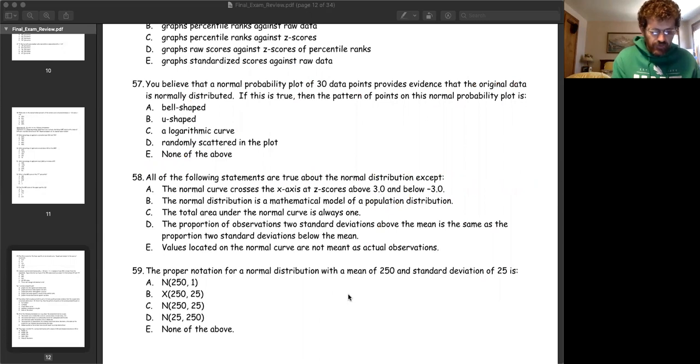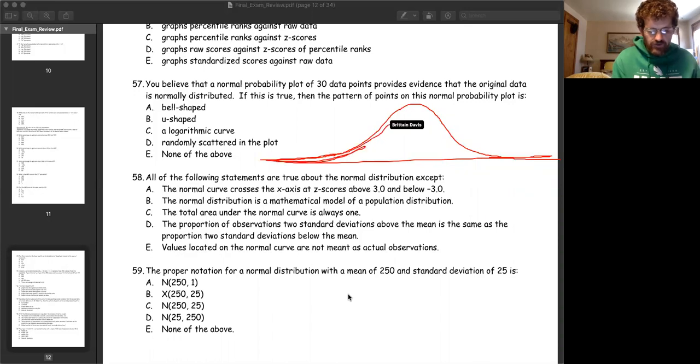Now, hopefully we already know that this one's not true. The normal curve never crosses the x-axis, right? So it gets down really low, and then it's just kind of a horizontal asymptote, if you think of that. So it never crosses the x-axis. Just keep in mind, this is staying above it the whole time.